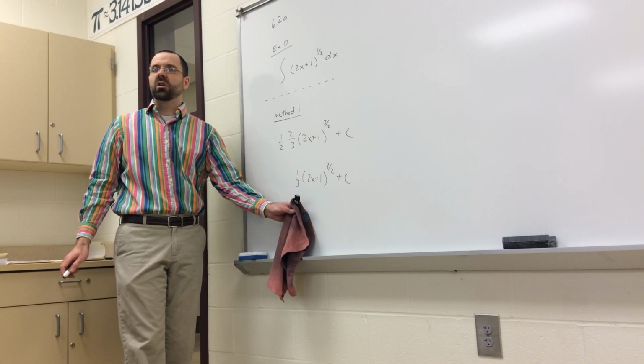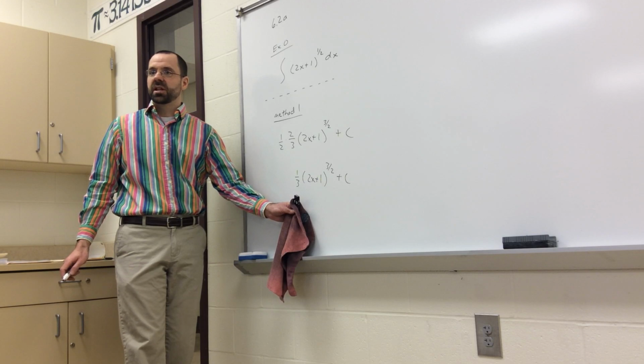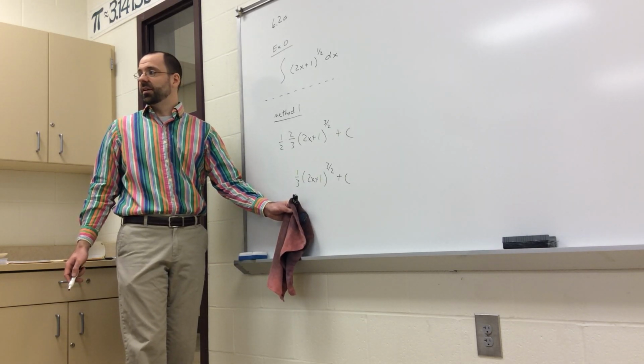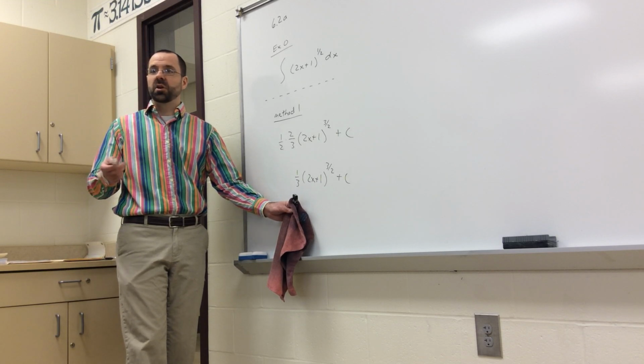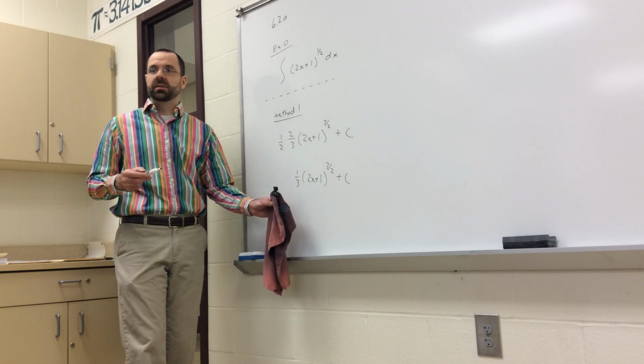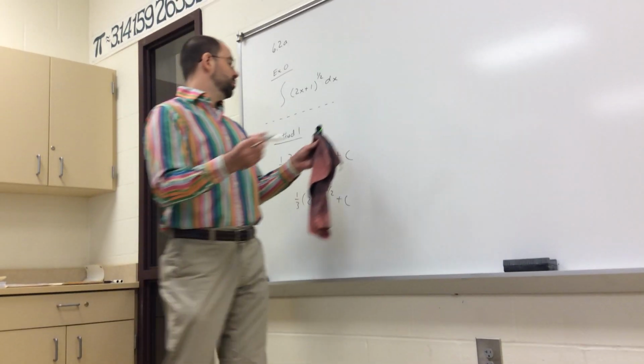Okay, but there are some antiderivative problems that are harder than this. And so we need a method that's going to help us with those harder problems. But I'm going to start by doing this problem with that method. Okay, so this method is called U substitution.